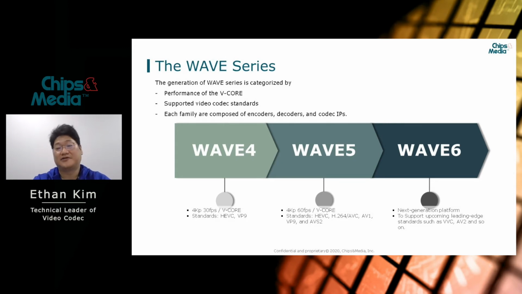Meanwhile, the WAVE5 series, the latest released series, can support HEVC, AVC, AVS2, VP9, and AV1. It supports 4K 60 frames per second using a single core. We plan to develop the WAVE6 series as a next generation platform that can support leading edge video codec standards such as VVC, AVS3, or AVS2.